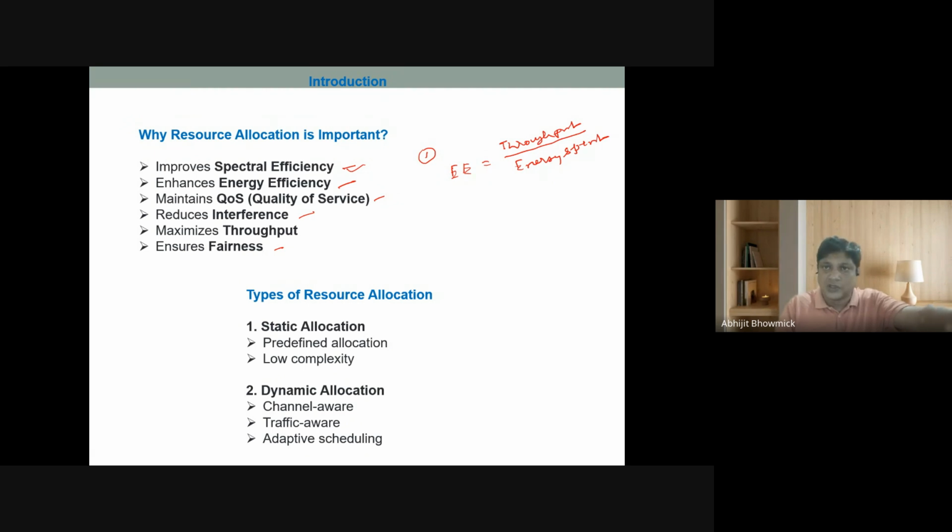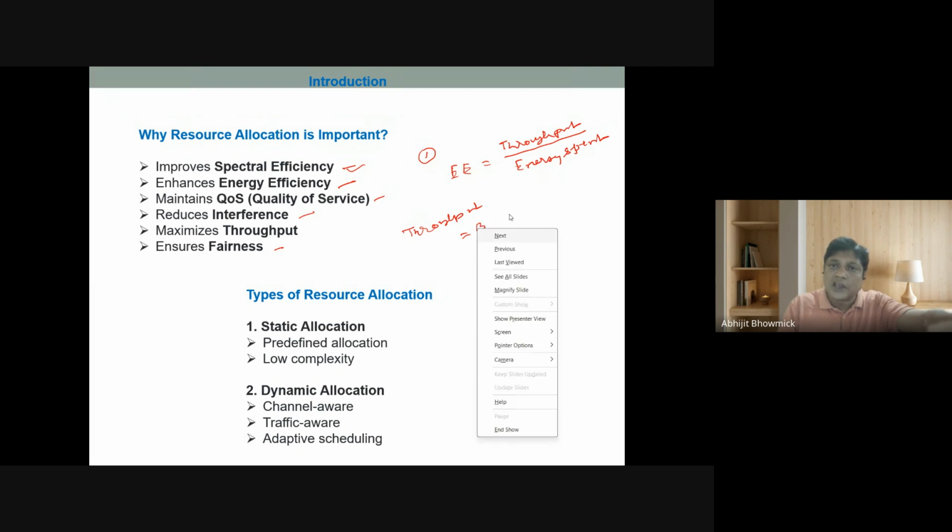So throughput divided by energy spent means per unit energy, how many bits successfully reach the receiver from the transmitter, and that is basically energy efficiency. So when I'm talking about throughput, if you look at the throughput equation, that is equal to B, Shannon's formula. Just a minute.